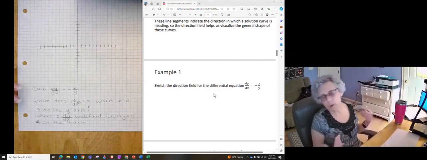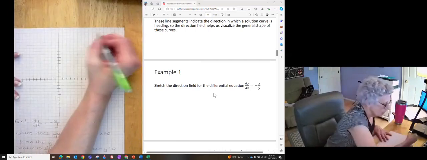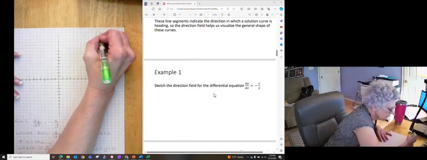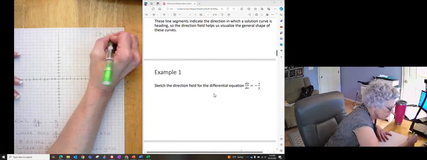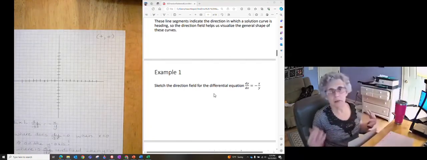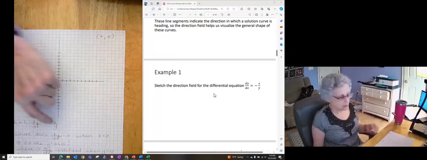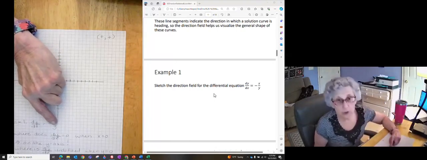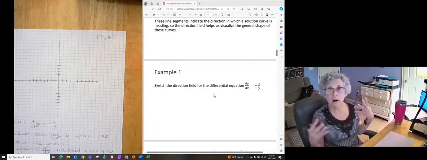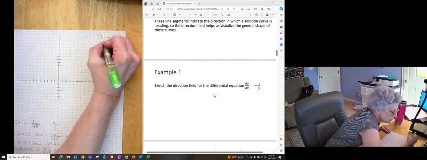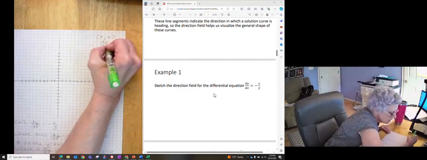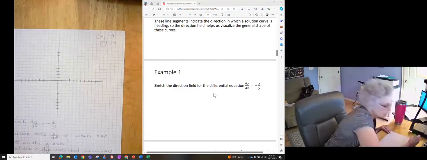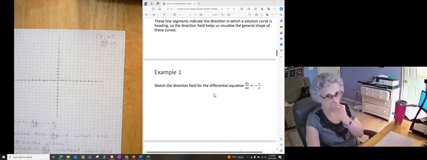Now, let's think about quadrant 1. In quadrant 1, I have positive x coordinates and positive y coordinates. So that means if I have the negative of a positive over a positive, I expect all of these slopes to be negative. So dy/dx is less than 0.